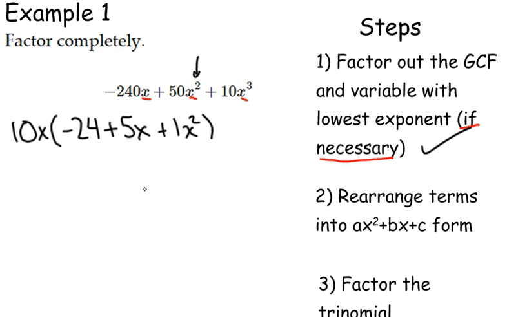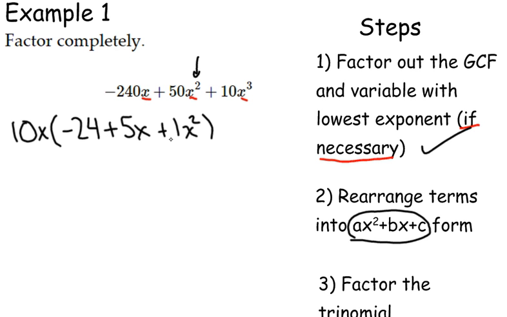We factored out the GCF and the variable with the lowest exponent, and we went ahead and filled in the inside of the parentheses. Okay, now we're going to rearrange the terms inside the parentheses. We want them to look like ax squared plus bx plus c.